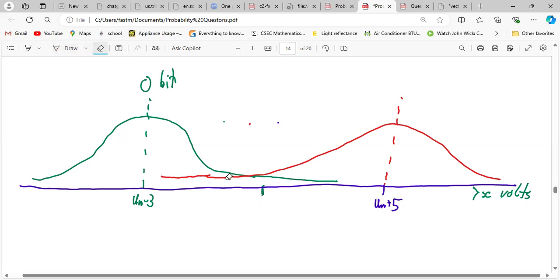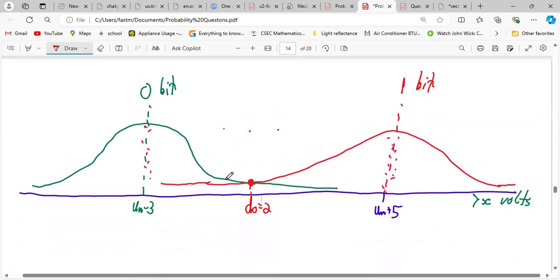Because of how I drew it, the curves overlap right here, and that is D0. All the values in between here will be interpreted as a 1, and you have the 0 underneath there. So this is what's going on.